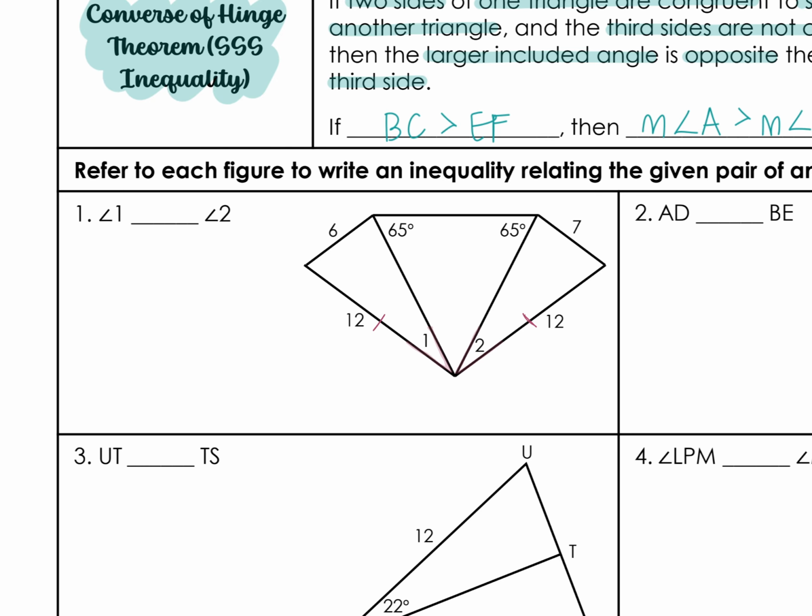We also have these two 65-degree angles, so this is an isosceles triangle, and these two sides are congruent. So we're going to use the converse of our hinge theorem because we know the third side: the 7 is larger than the 6. Therefore, the angle opposite the 7, angle 2, should be larger than angle 1, which is opposite the 6.